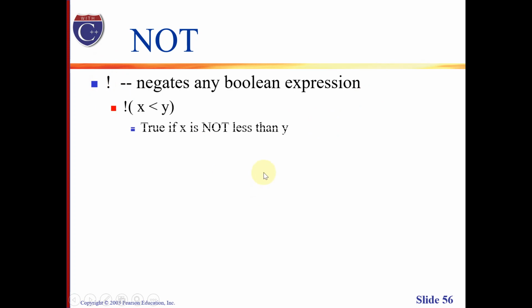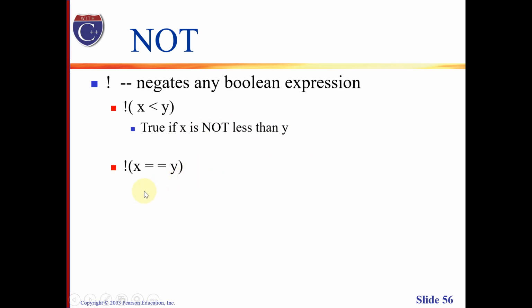We also have the NOT operator. What it does is it negates any Boolean expression and it is represented by this character. For instance, whatever is the result of x less than y, it will be negated if we use this operator. For instance, it will give true if x is not less than y.